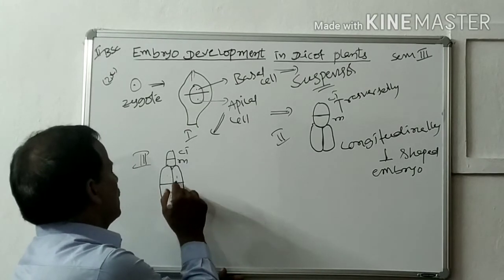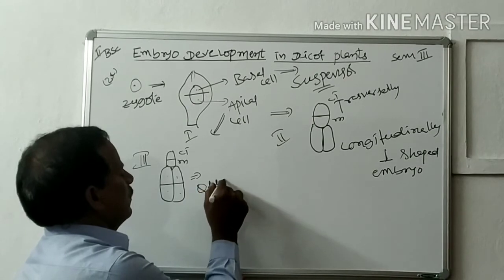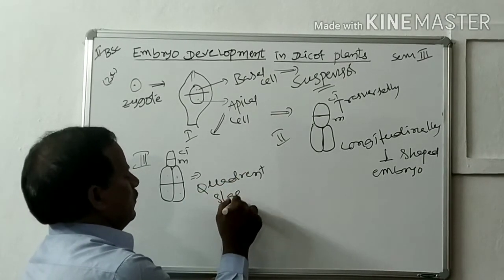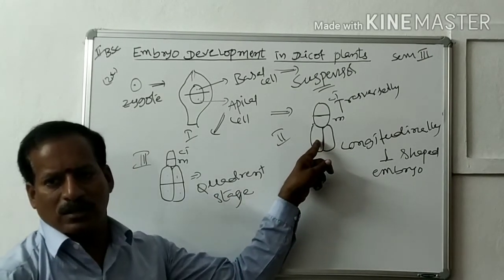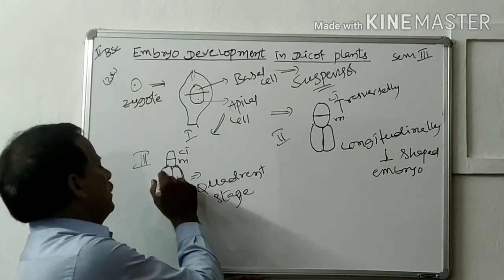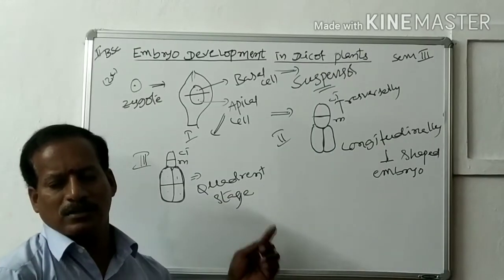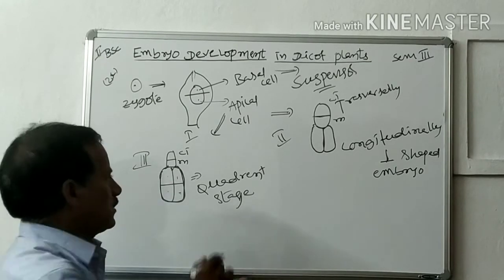So four cells in the embryo. This is considered the quadrant stage. Okay, clear? These two cells divide vertically and give rise to four cells from the apical cell, called the quadrant stage.